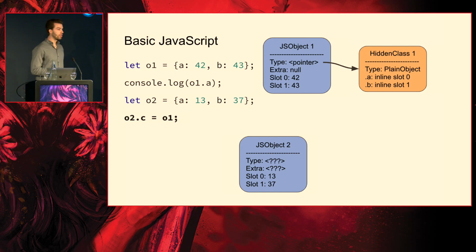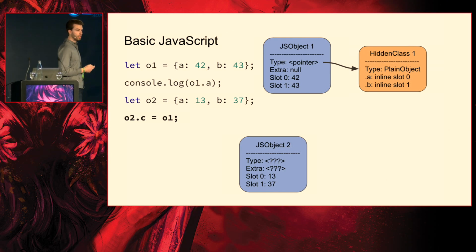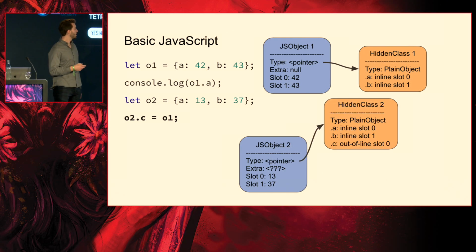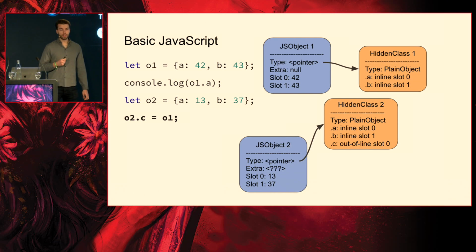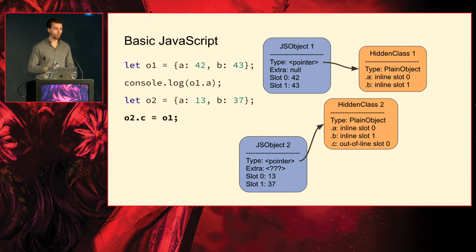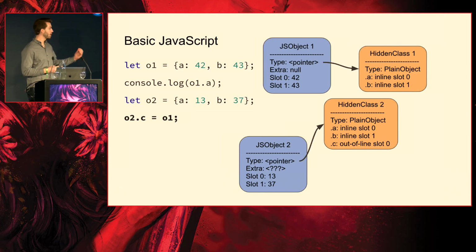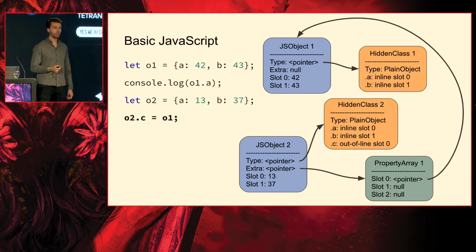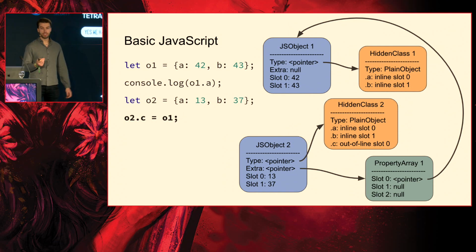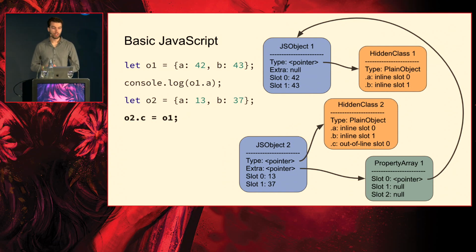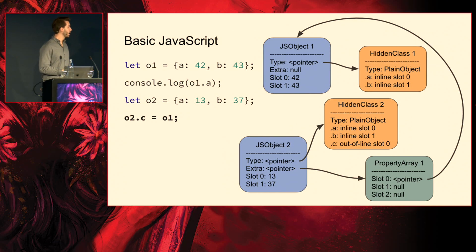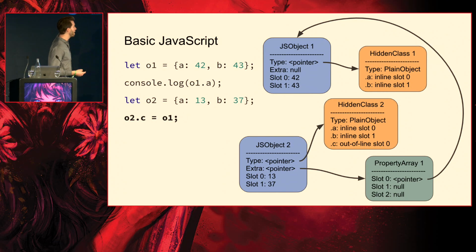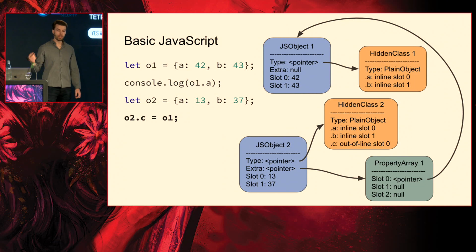Well, we can no longer point to the first hidden class because it doesn't have C, so we need to create a new one. The other problem we might have in this case is that we don't have any more space in the object itself, and so we need to allocate some kind of out-of-line property storage, right? Like some property array maybe, and then that again has those slots, and the hidden class says C is stored out of line, slot 0.